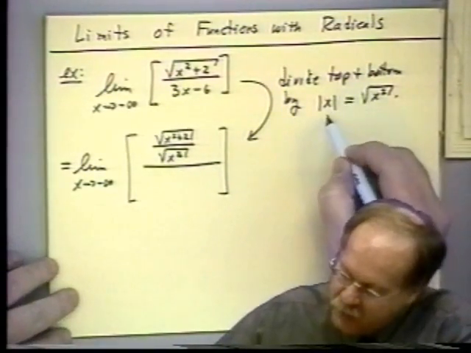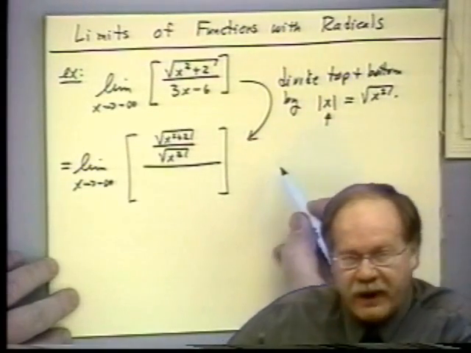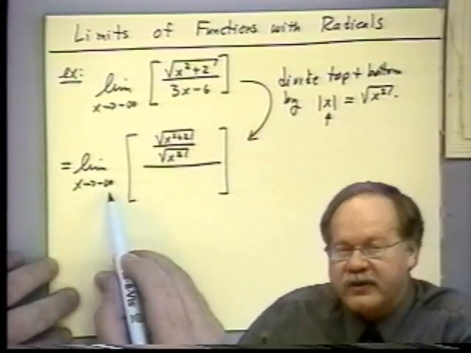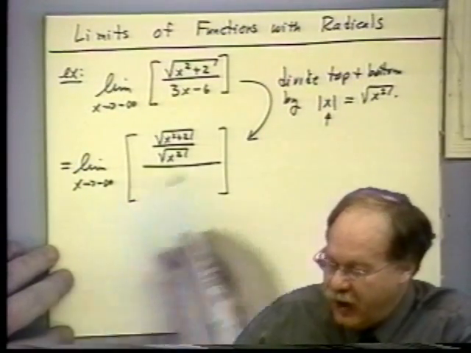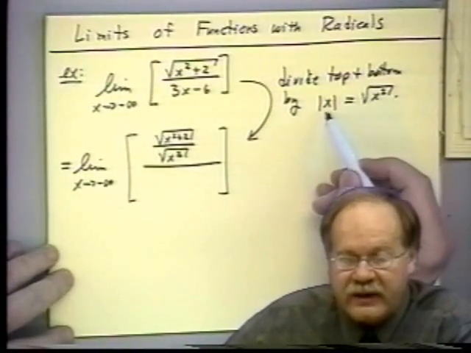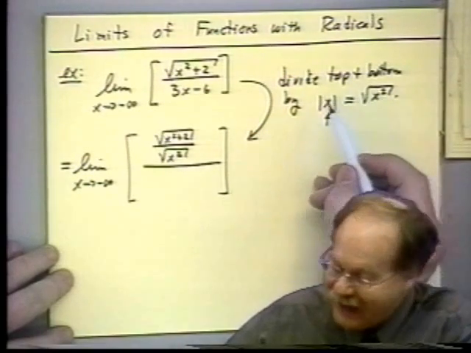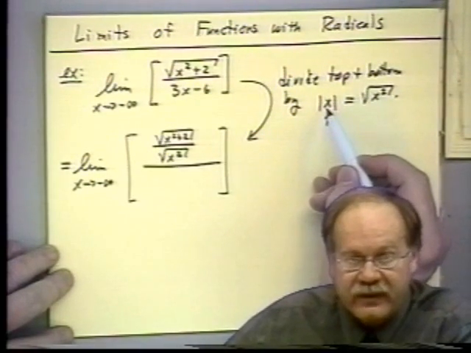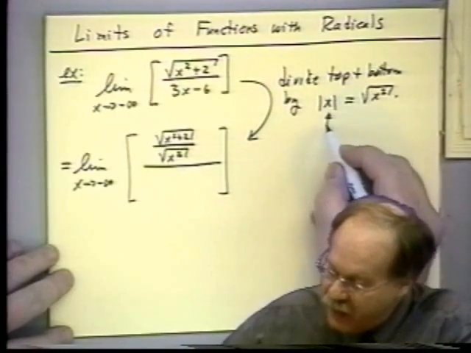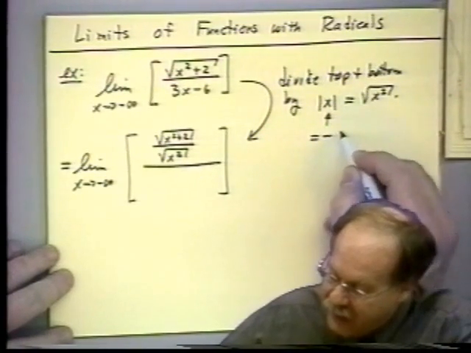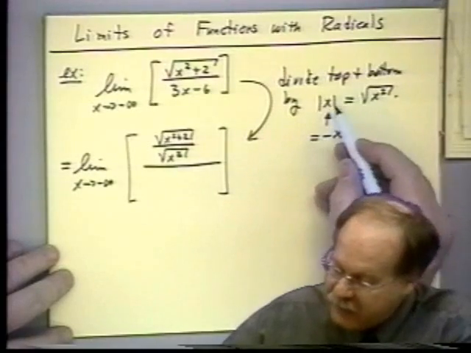In doing that, I can say one more thing. As far as the bottom goes, notice that since x is going to negative infinity, x is going through the negative numbers, which means I don't have any mystery as to what the absolute value of x is. X, since it's going to negative numbers, is negative. The absolute value of a negative number requires putting a negative sign in front of it.